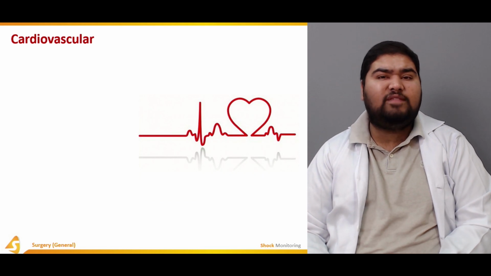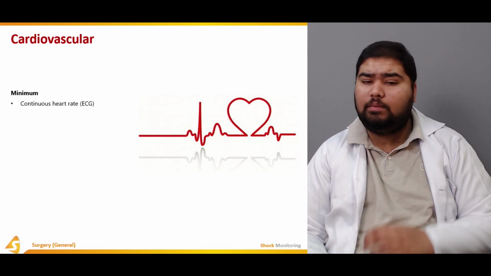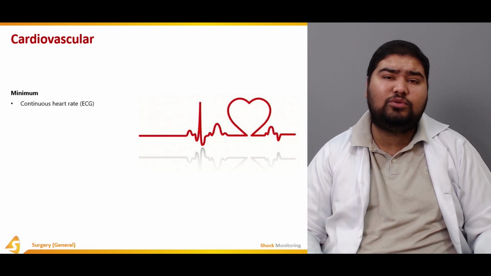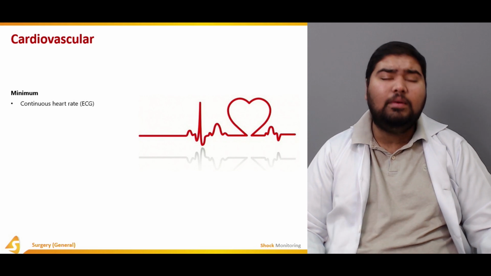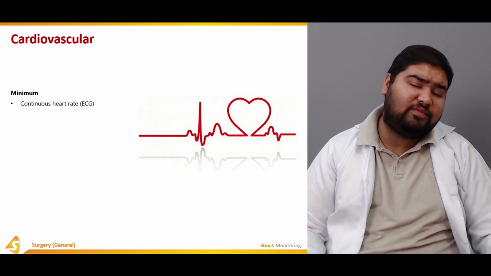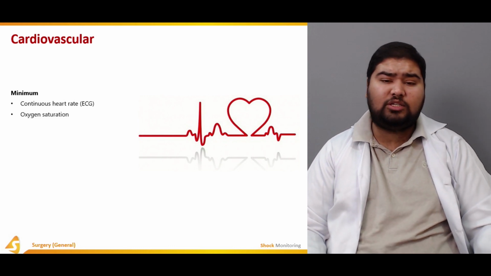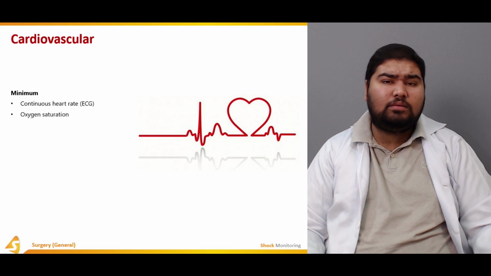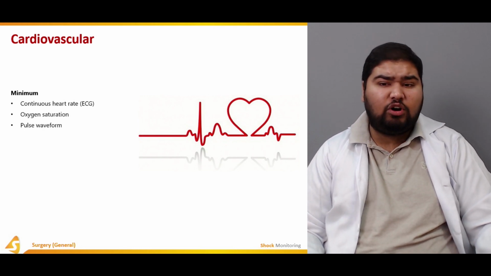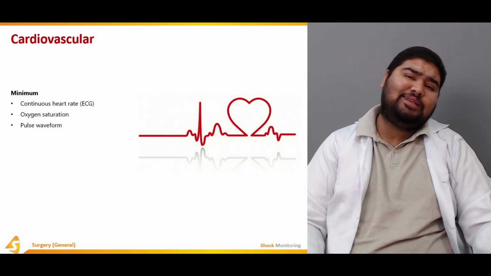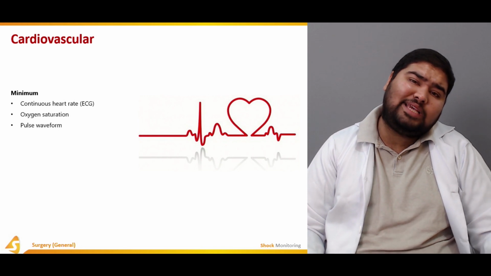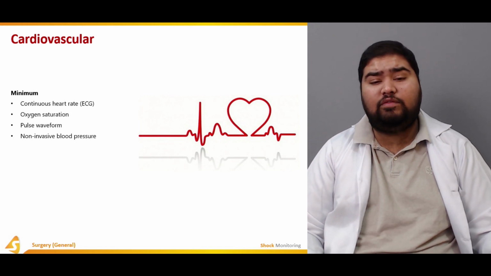Now, the cardiovascular monitoring. The minimum, it's a continuous ECG. This continuous ECG helps you to understand the heart rhythm and the heart rate, and it's very helpful in maintenance of the patient. The oxygen saturation, usually done by the pulse oximetry. Now the pulse waveform, we always look for it, so that we can get an idea of the function of the heart.